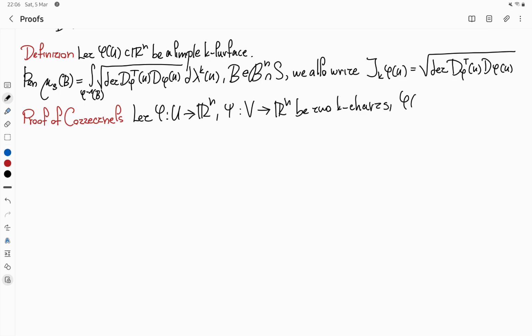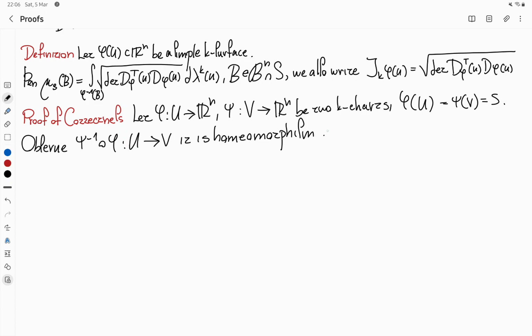Now, phi of u is equal to psi of v, which is equal to our surface S. This is the sort of equivalence I was talking about earlier. Now, observe that psi inverse after phi is a map which maps the u set into the v set, and it is a homeomorphism.